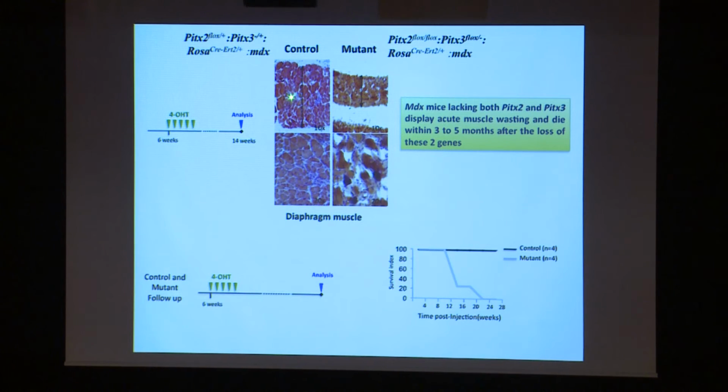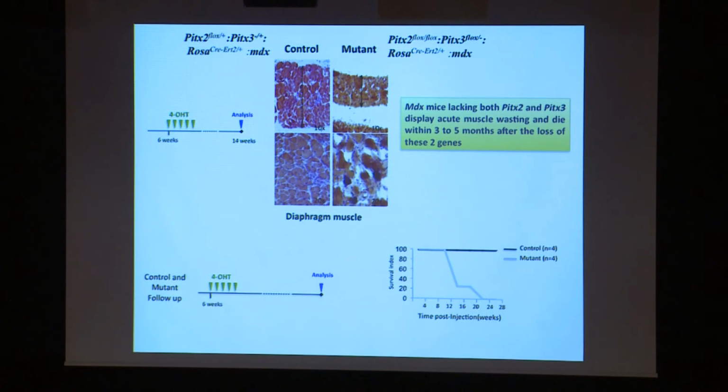When one compares here the control and here the mutant, this is 10 to 12 weeks after tamoxifen induction and invalidation of the PITX2 and PITX3 genes, and looking at the situation in the muscle after 3 or 4 weeks or more, months, one sees that there is a marked deficit in the size of the mutant muscle. This is diaphragm of mutant compared to diaphragm of control in adults.